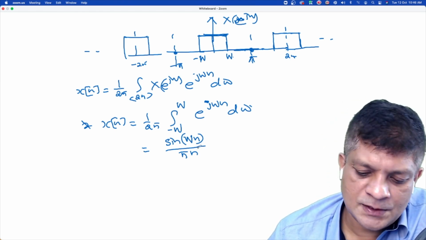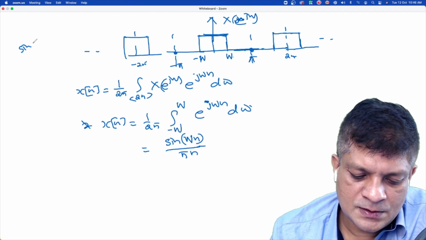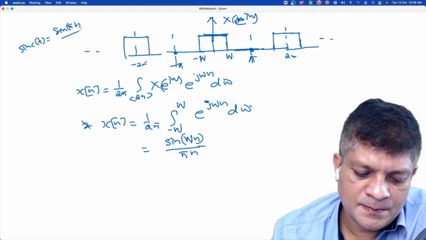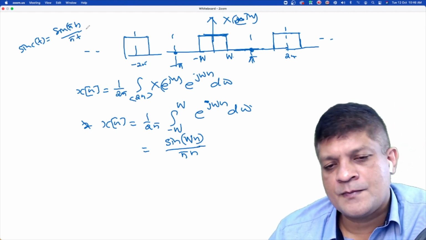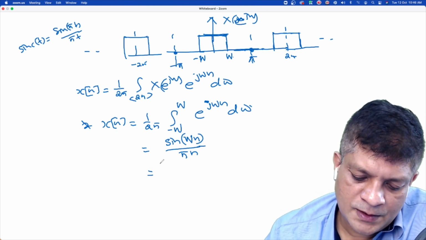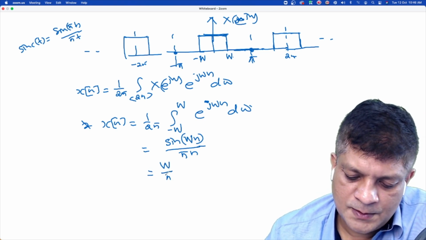How is the sinc function defined? Sinc t is sine pi t by pi t. Now, if we convert this into standard sinc form, will you get W by pi?